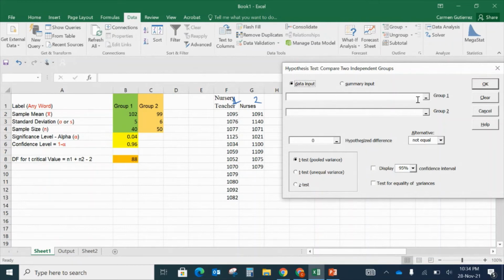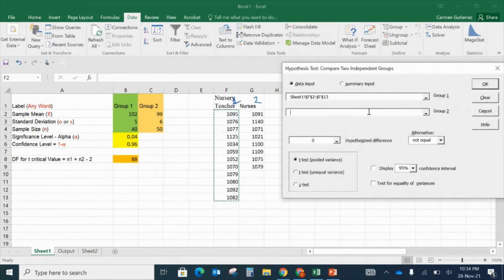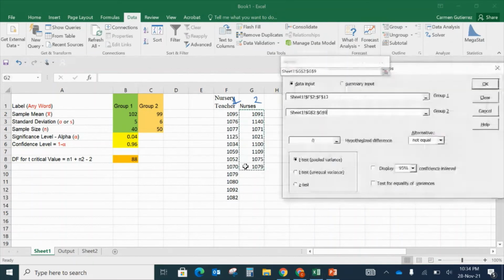So you go into group 1, and that is your population 1. Normally, you need to be guided of which populations 1 and 2 from the question itself. So let's see. You have decided which one is group 1. You highlight the numbers only. Okay, numbers only. MegaStat will figure out your sample mean, your sample standard deviation on its own.